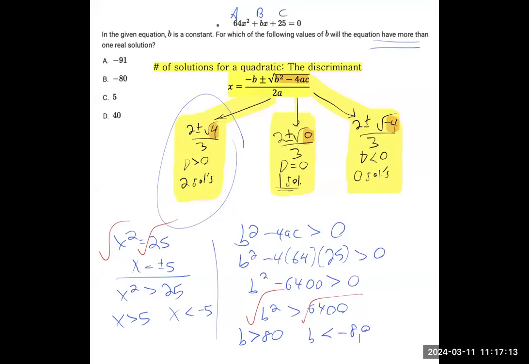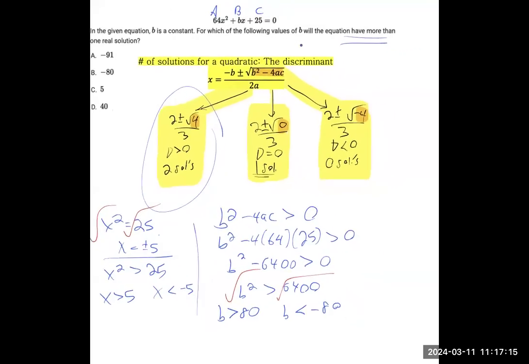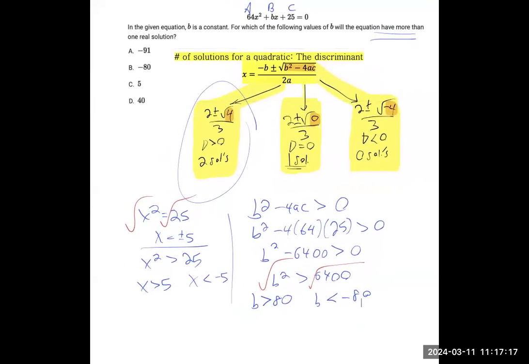So now let's zoom out a tiny bit and let's think about this on a number line. If we have a number line, we'd have 80 right here and -80 right here. We want to be greater than the 80, which is like this, and we want to be less than the -80.